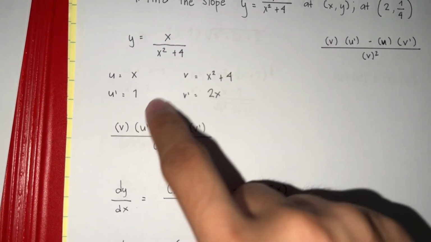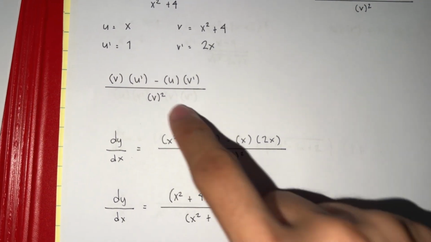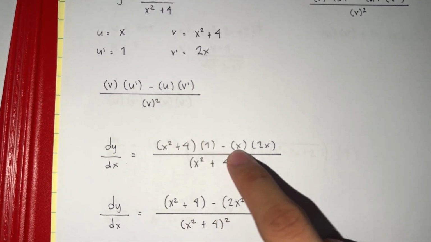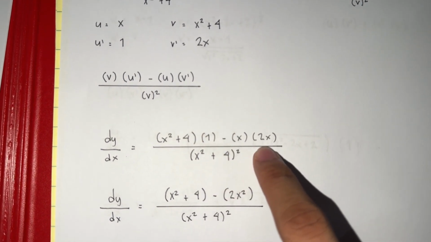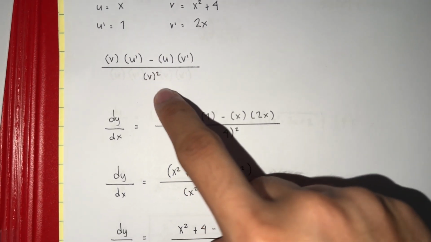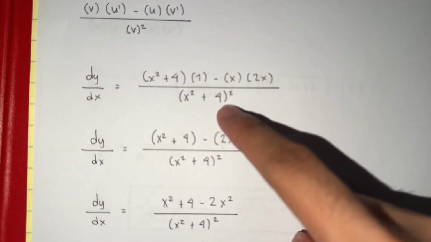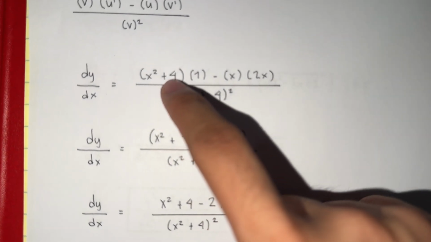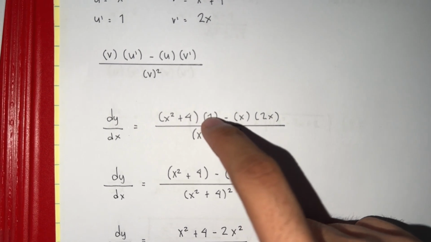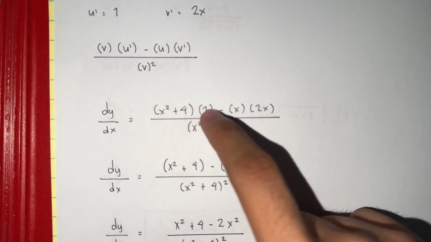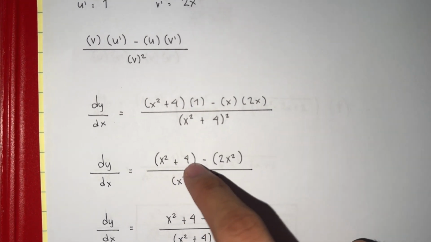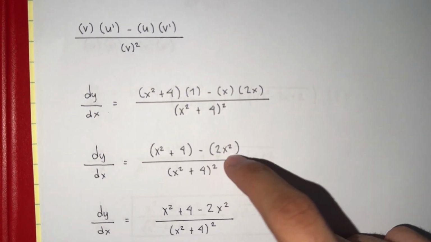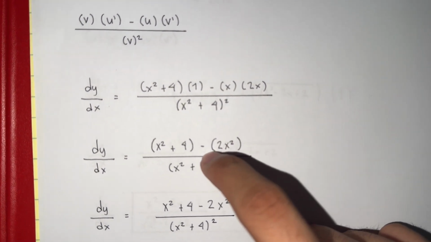Now we have here the values. Now we can input it to our formula. So v is this, u prime is this, u is this, v prime is this, and v squared is this. Now we will multiply it. So x squared plus 4 multiplied by 1 is still x squared plus 4, and x multiplied by 2x is 2x squared. Now we are going to combine it.